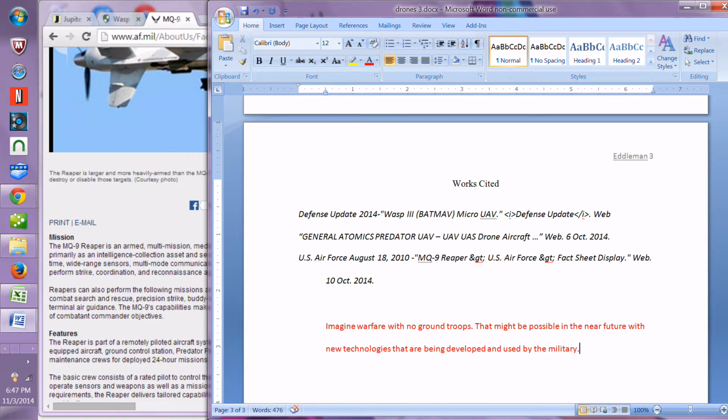And so what I'm trying to do is start out really broad, warfare with no ground troops, and then start narrowing it down. This could be possible. And keep narrowing your topic down until you get to those 3 body paragraphs.